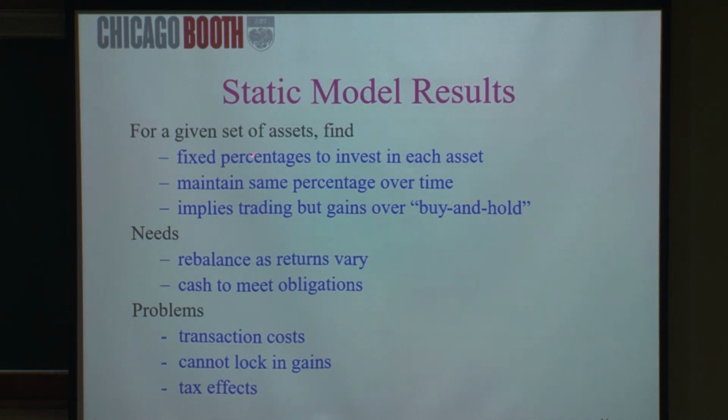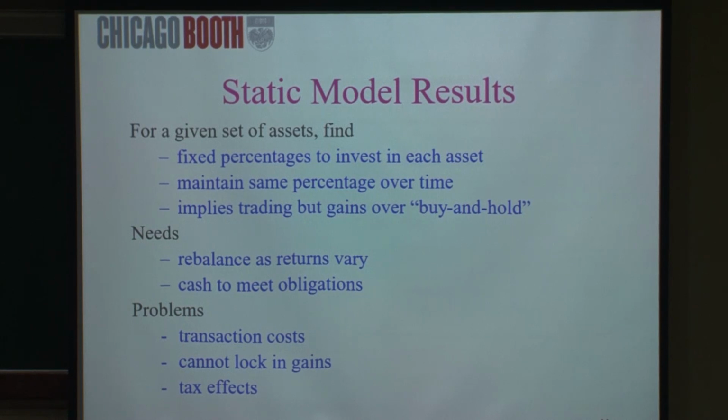Okay, so you would find the percentages that you would invest, and you would maintain that percentage over time. You might rebalance, but you wouldn't be explicitly considering what might happen in the future, like how much you would have to pay to rebalance in the future, or if things were performing well, you wouldn't be anticipating that there would be times at which you'd be able to lock yourself in.